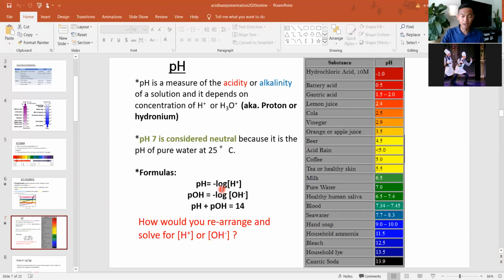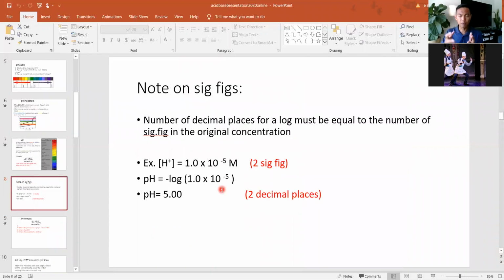Because a small change is actually a big change to the number, we have to follow a specific rule with pH. I'll read this, but the example clarifies the statement. The number of decimal places for a log must be equal to the number of sig figs in your concentration.